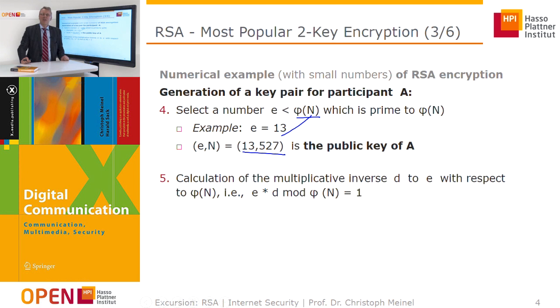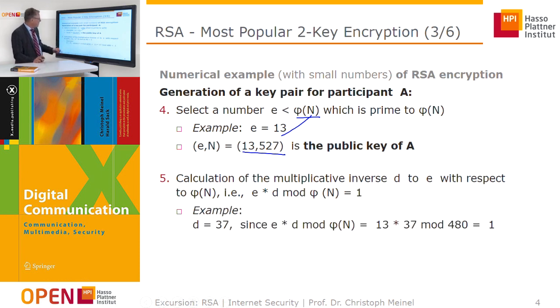Now we have to compute the corresponding private key. To this end, we calculate the multiplicative inverse d of e with respect to phi of n. That means a number d that is multiplied with e, modulo phi of n, equal to 1.